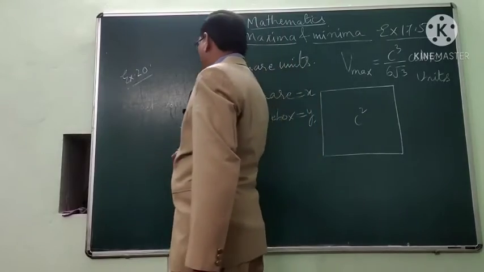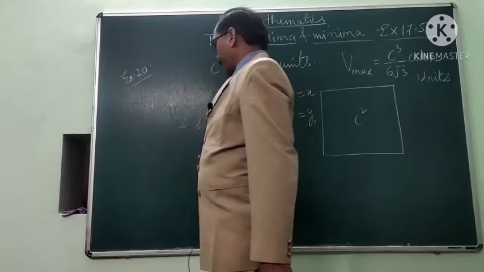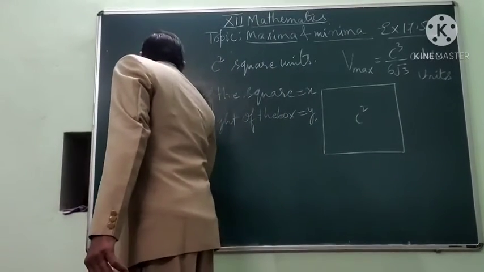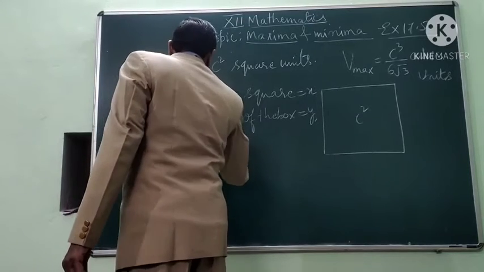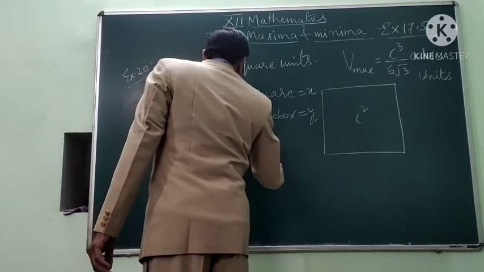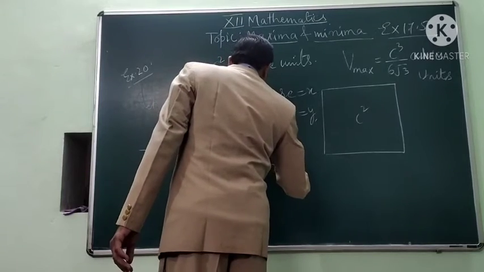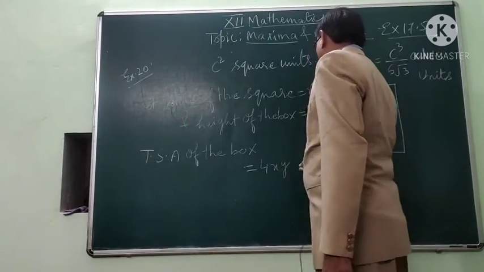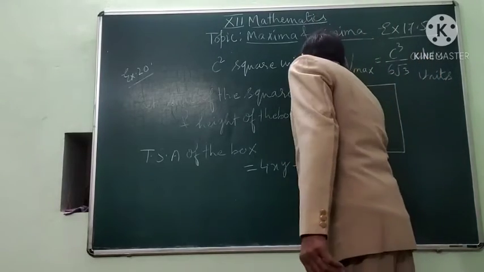Then we need the total surface area of the box. The total surface area of the box equals 4xy plus the area of the base, which is x square.